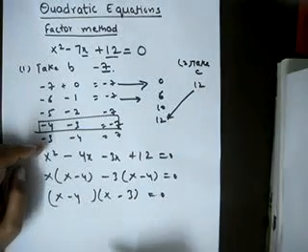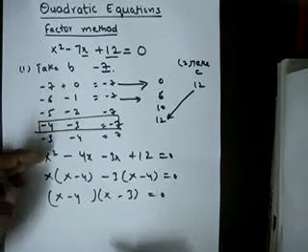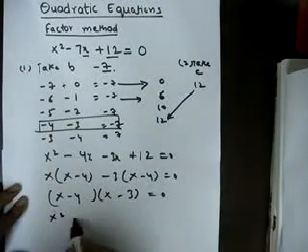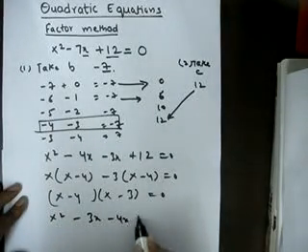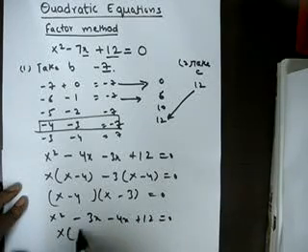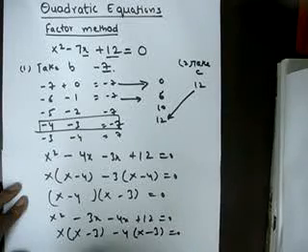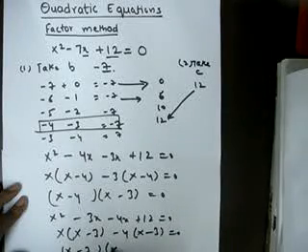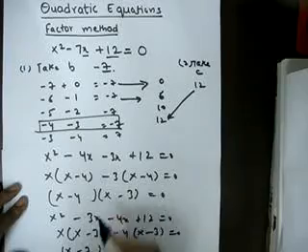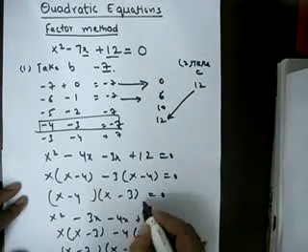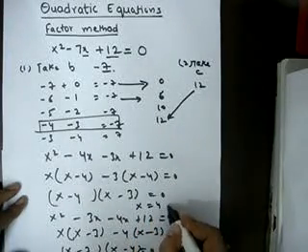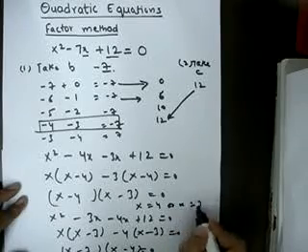Even if we had taken x square minus 3x minus 4x, it would have been the same thing, because x minus 3 and x minus 4. So in both ways I get the solution as x equal to 4 or x equal to 3 as my answer.